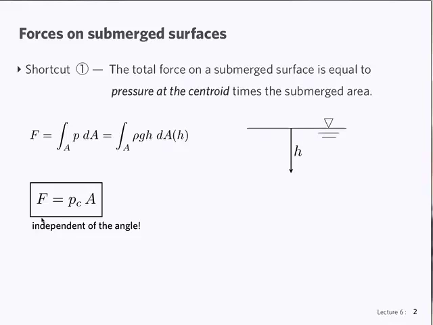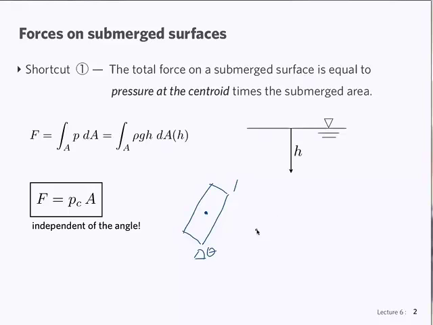And notice that this formula is independent of the angle. So if we have a surface that has this angle, suppose that the surface is some sort of rectangle, I'm trying to draw a little bit of perspective here, and this is the angle.